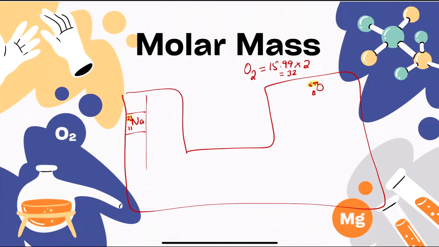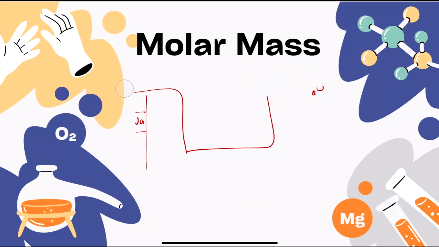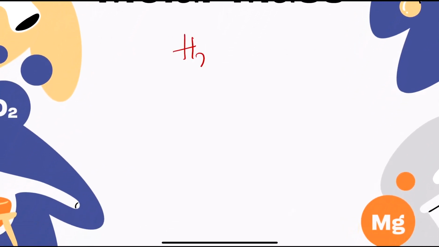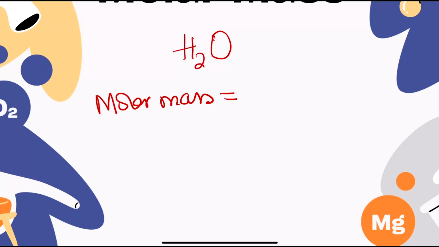And then we take the same approach and we find the molar mass of compounds. Compound like H2O. And I have to find the molar mass of this. So I say, okay, there are how many hydrogens? There are 2 hydrogens. And how many oxygen? 1.